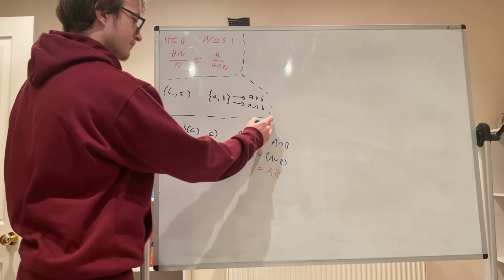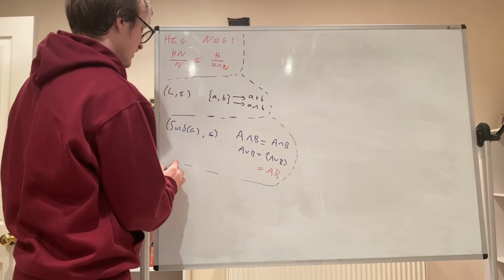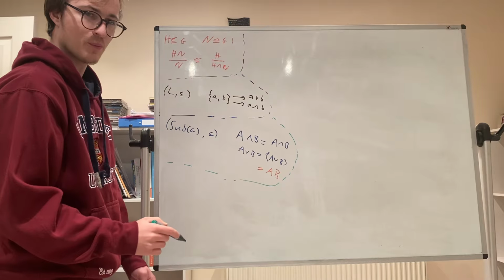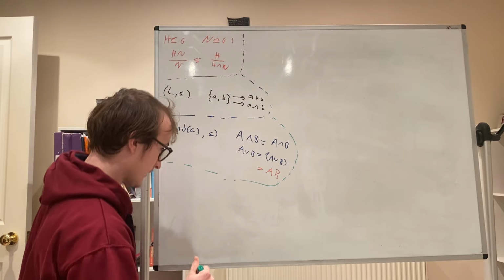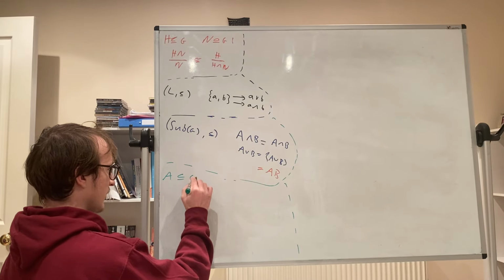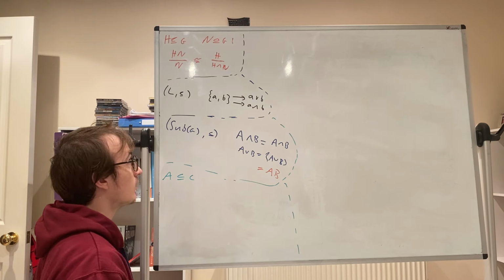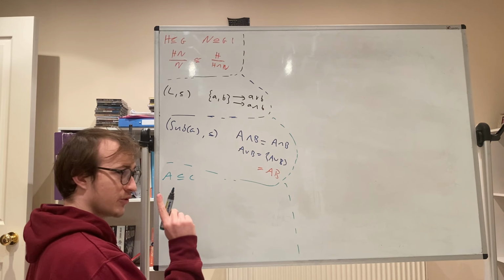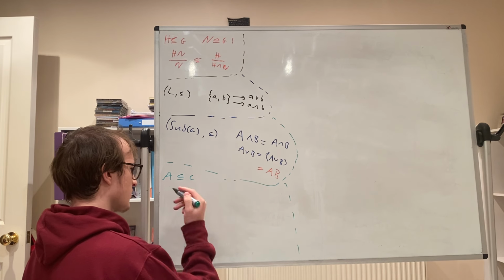Before we proceed, a really important property of subgroups here is, if you have A, B, C, where A is a subset of C, and they're all subgroups of G, we have what's called the modularity condition, or the modular property for groups.